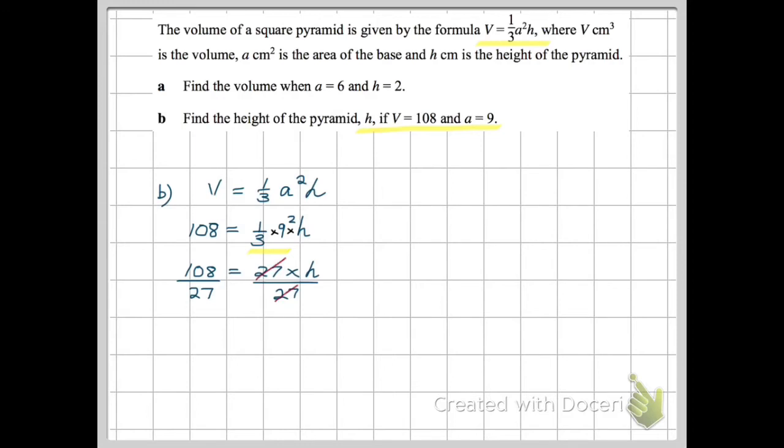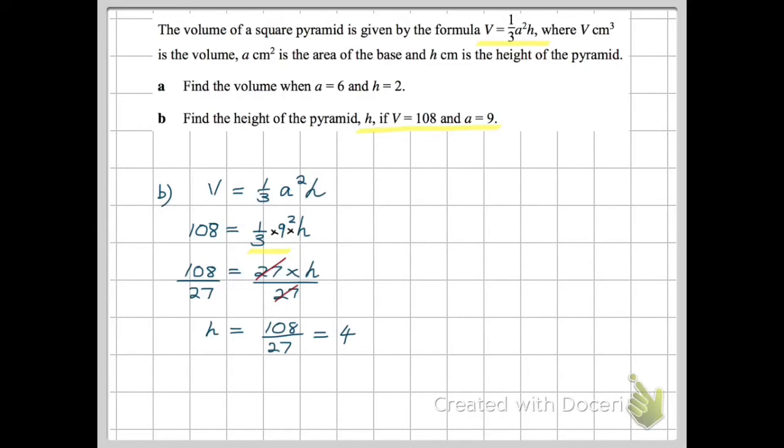The 27s cancel out because 27 divided by 27 is 1. 1 times h is just h. So h equals 108 over 27, which equals 4. Please note that the equal signs follow down the page directly underneath each other. Setting out your work clearly and neatly is very important in maths.